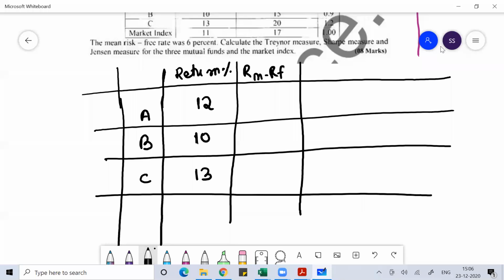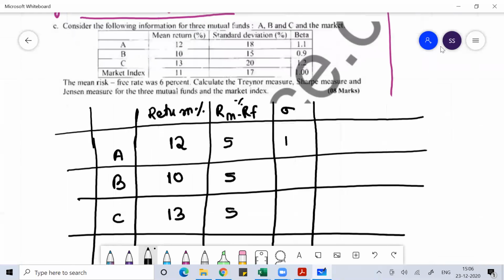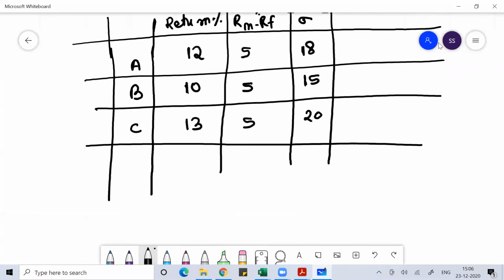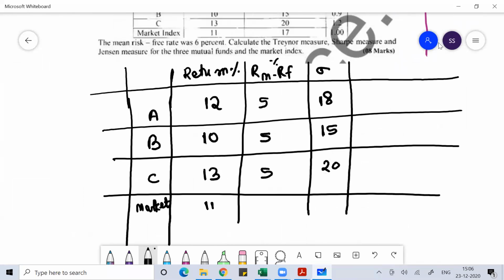Then the standard deviation of ABC: 18, 15, 18, 20, then 70. If I take the market also, market return is 11, and RM minus RF would be 5 for them.